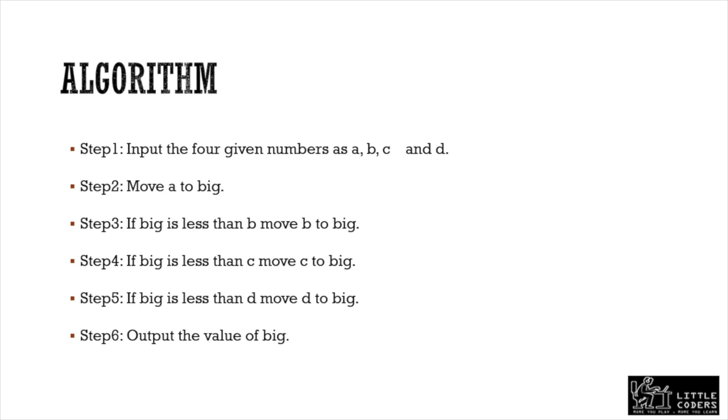Otherwise it will go straight to step 5. So if it is true, it will do the move statement and then go to the next step. That is, it is replacing big with the new value of B, C or D depending on the conditions. As soon as that is over, it comes to step 6, where you output the value of big. So this is the logic as well as the algorithm for finding the biggest of 4 numbers. This is what we are doing in our mind when the teacher is giving 4 numbers in a classroom.